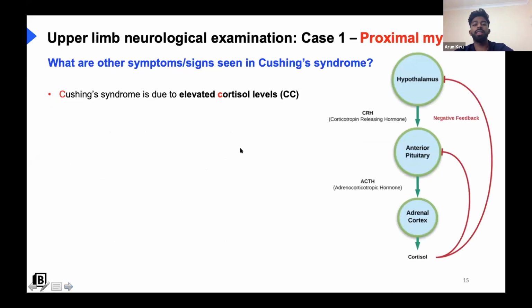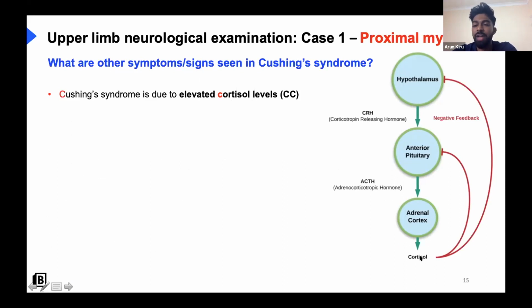Okay, so they then say, great, you've worked out that this is Cushing syndrome. Now I want to see, do you know what other associated signs and symptoms are seen in Cushing syndrome? So I'm going to do a little bit of theory here, because I think this will help you understand everything. Cushing syndrome, we know, is related to elevated cortisol levels. Elevated cortisol, CNC, you'll never forget that.